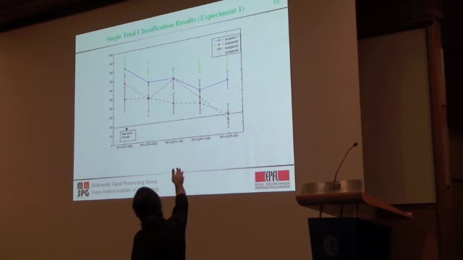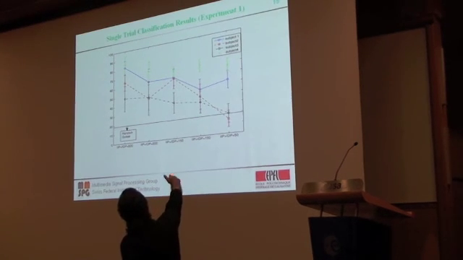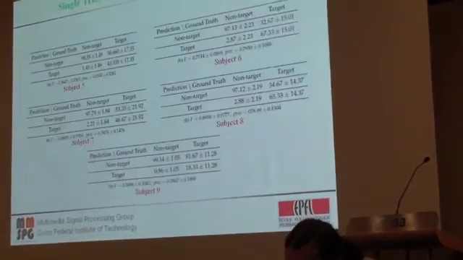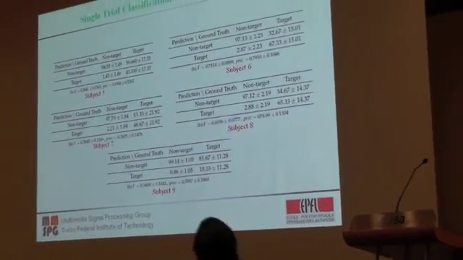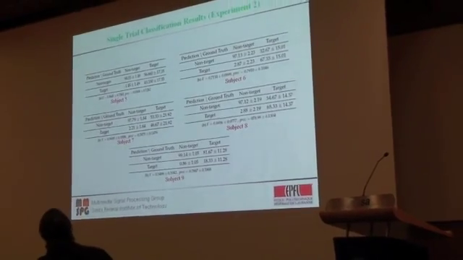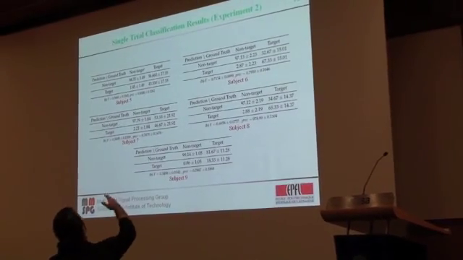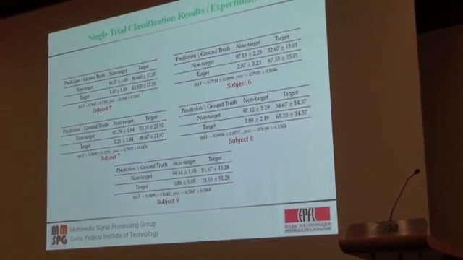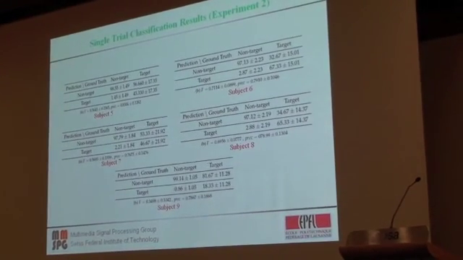For some subjects, it's even below the random guess, but for the 2 best subjects, it's higher. And in the second experiment, here are the results obtained for the different classes, and you can still see that for some subjects a measure of 70% can be obtained.